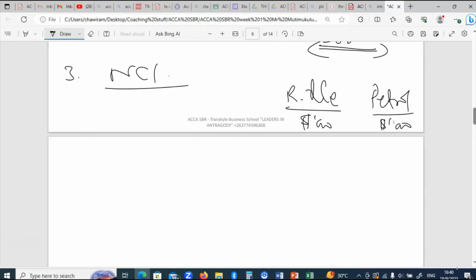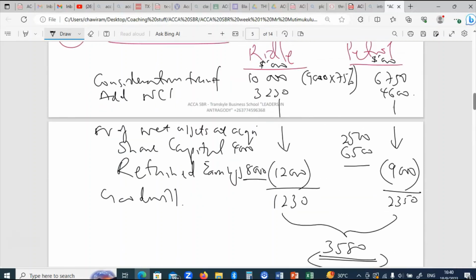Okay, and then we've got NCI at acquisition. This is the figure which we determined it should be the same as this figure. Okay, this is the NCI at acquisition, ladies and gentlemen. So those are the figures you just have to copy and paste.